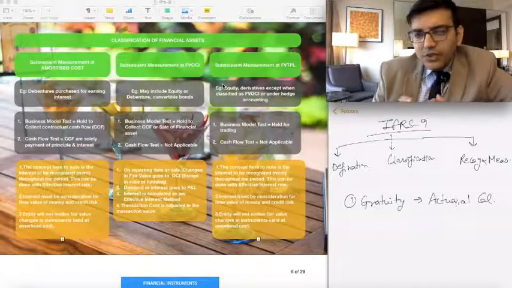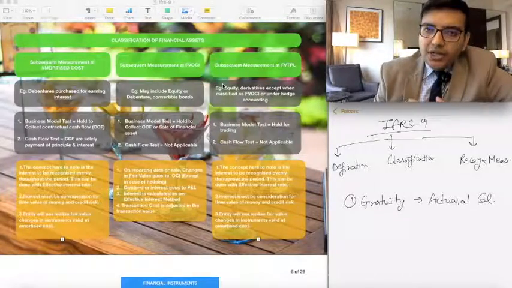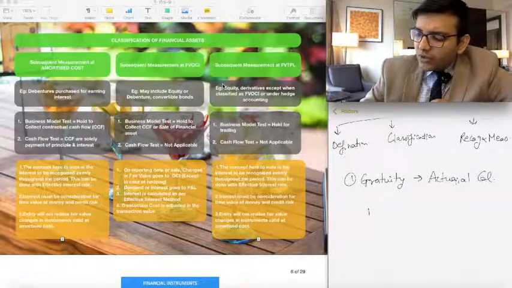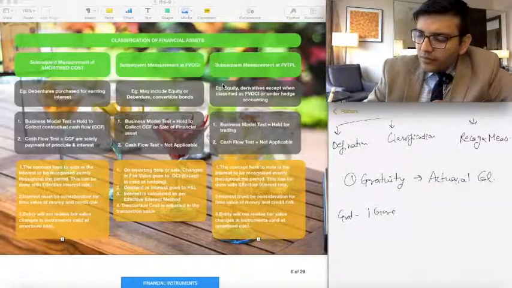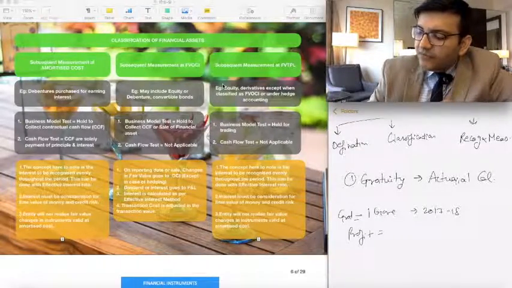Now we'll talk about gratuity. Suppose in a company there was a gratuity provision of, let's say, 1 crore, and this was in 2017-18, right? And the profit of that company was, let's say, 5 crore.